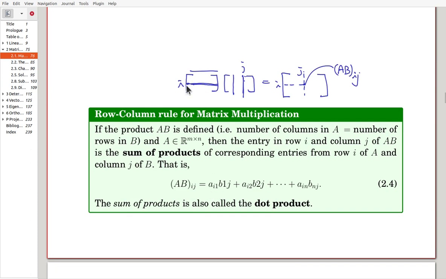The first one from here and the first one from this column, this one is the second one in the row and this one is the second one in the column. After this product we add them, so it is a sum of products, and it's often called the dot product. So ith row, jth column, dot product.